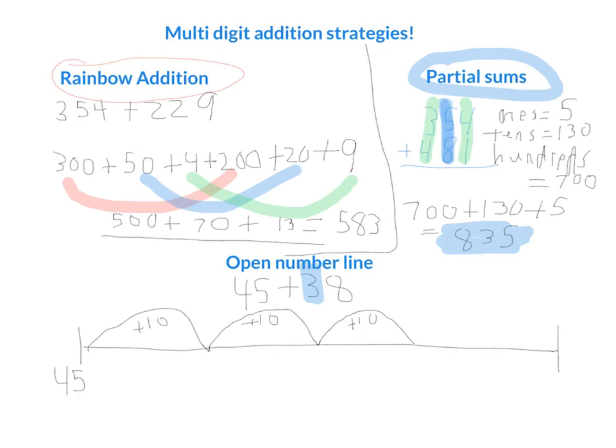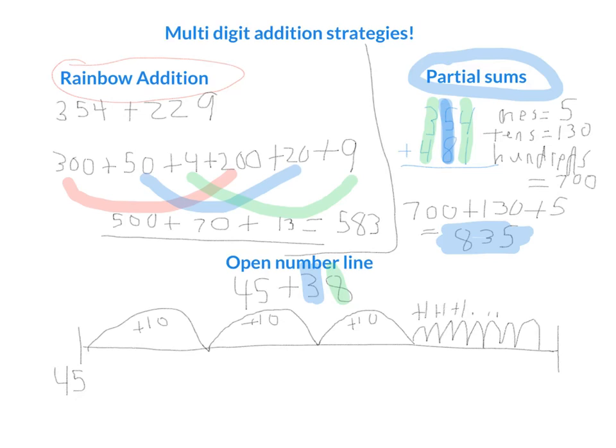Now we're going to add our ones in. We know that we have 8 ones, so it's going to be 8 little jumps. So 1, 2, 3, 4, 5, 6, 7, 8. All of these are plus 1, plus 1, plus 1, and so on.